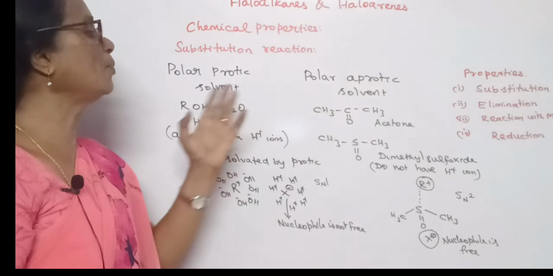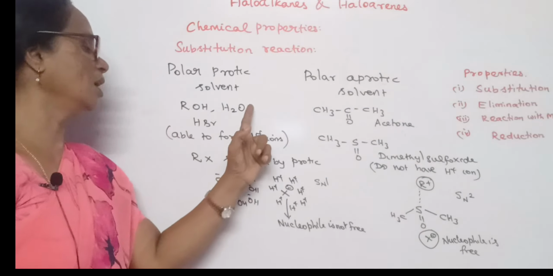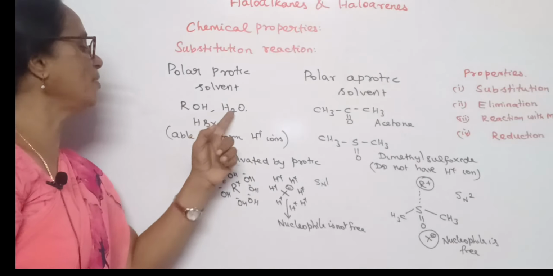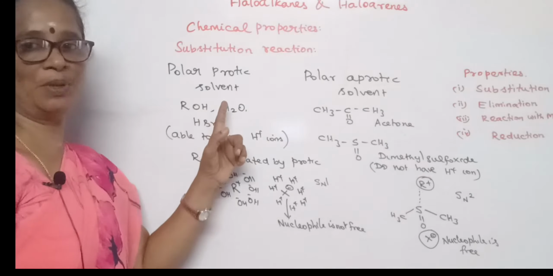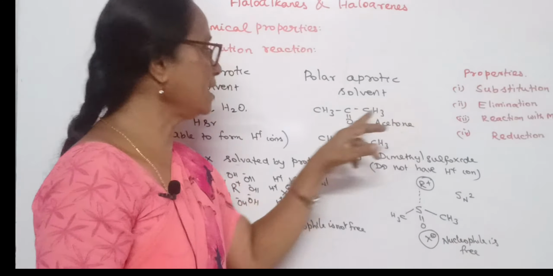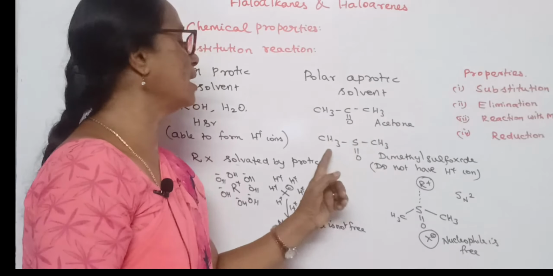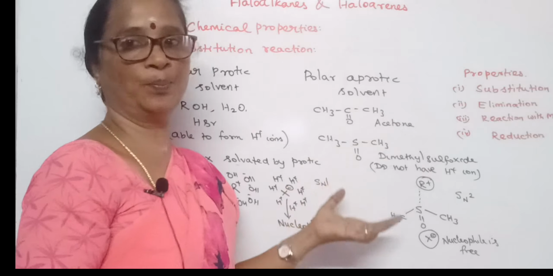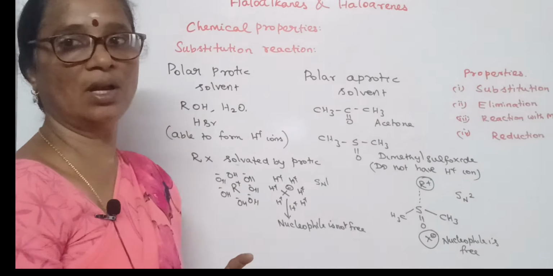Examples of polar protic solvents are alcohol, water, HBr. In all these cases, the hydrogen is present and could be left out as H plus ion. But in the case of polar aprotic solvents, such as acetone or dimethyl sulfoxide, the group doesn't have the proton. That's why these are said to be aprotic solvents.